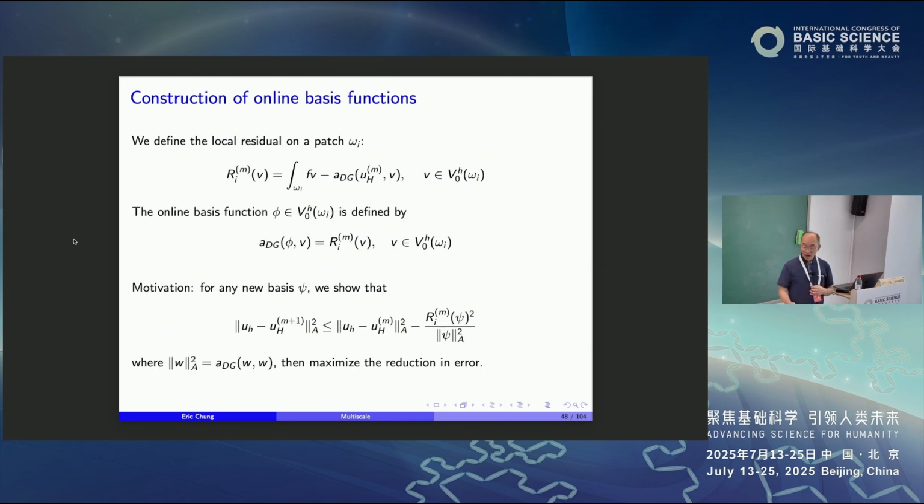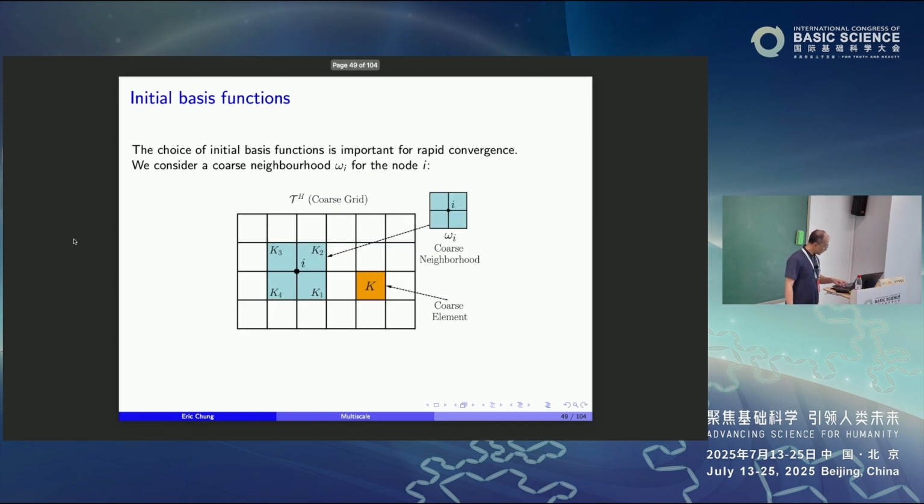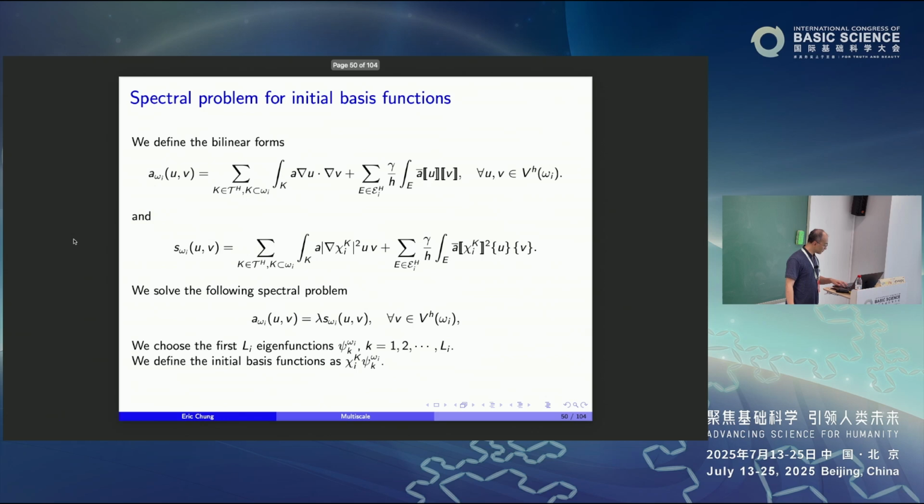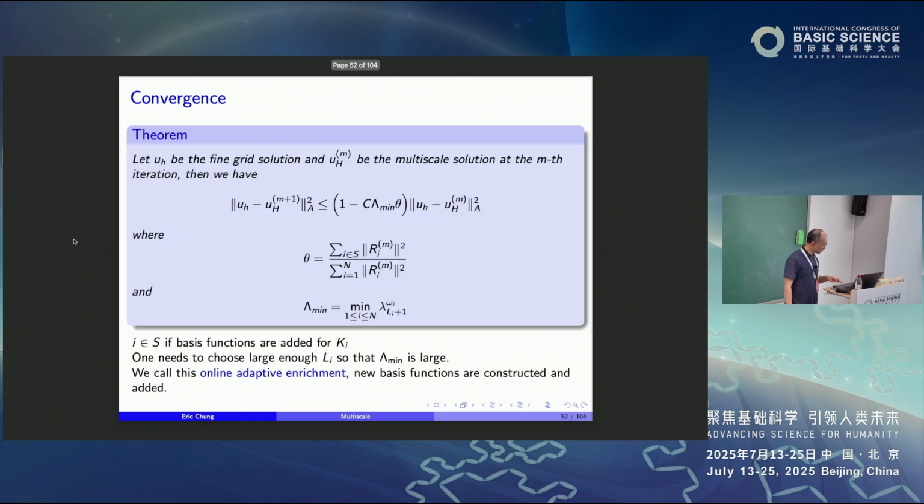Now, how do we find this new basis? The idea is very simple. We look at the local residual, and then we solve this equation to get a new basis phi by doing this. The conclusion is that we obtain these contraction properties.